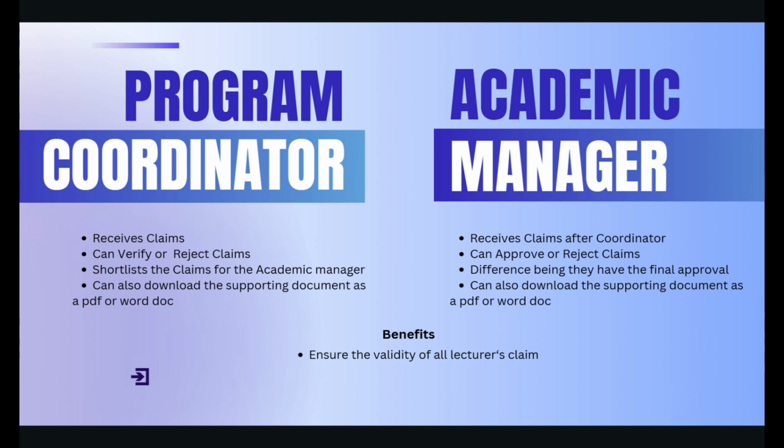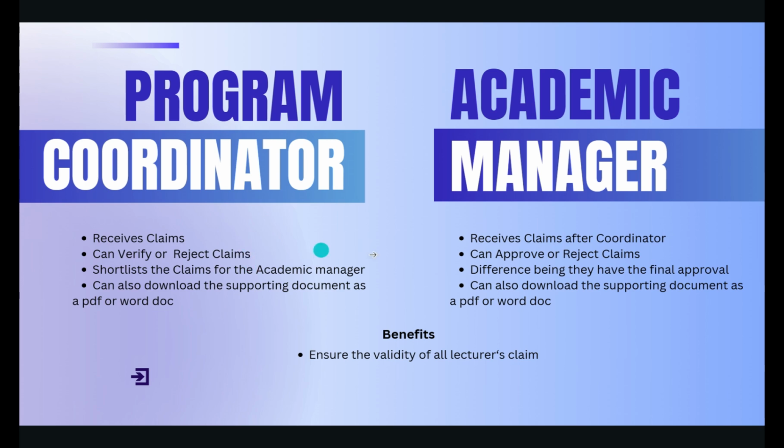So once the coordinator verifies the claim, it goes to the academic manager, and once the academic manager approves it, the claim itself will go back to the lecturer, and it will change the status to approved, right?